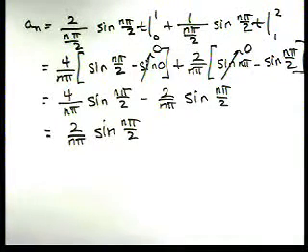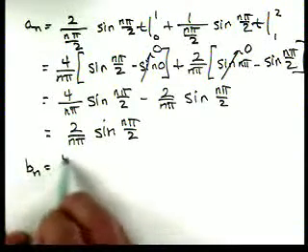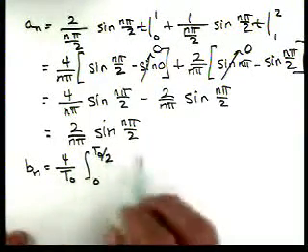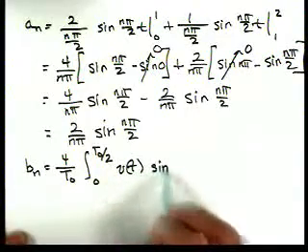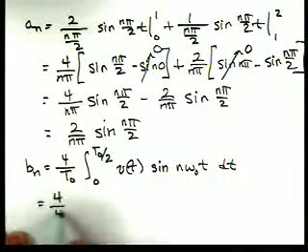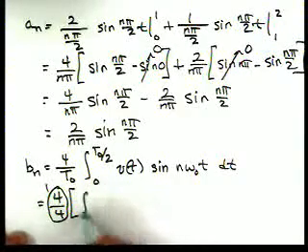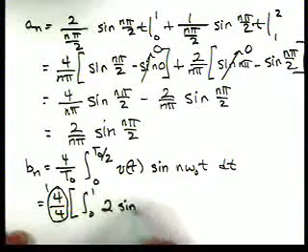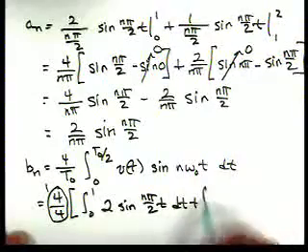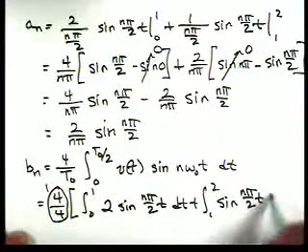Now, if we calculate the b sub n's, again taking advantage of the symmetry, we can do 4 over t0 times the integral from 0 to t0 over 2 of v of t sine n omega naught t dt. So again we have 4 over 4, and again this is just 1, and we have the integral from 0 to 1 of 2 sine n pi over 2 t dt plus the integral from 1 to 2 of sine n pi over 2 t dt.